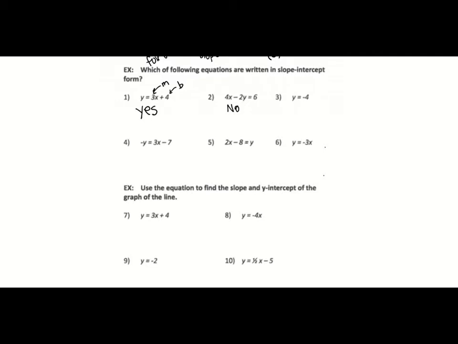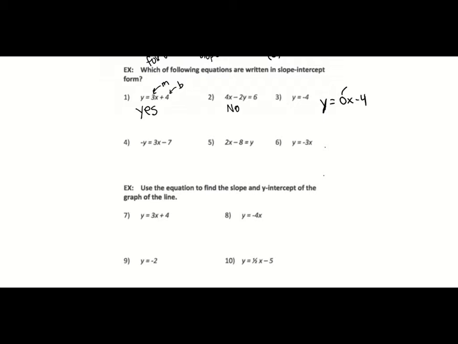Number 3 is a tricky one because it looks like it's not in that form because it has no x. But if I were to write it like this, y equals 0x minus 4, this is equal to that same thing because 0 times x is 0. So that just gives me y equals -4.